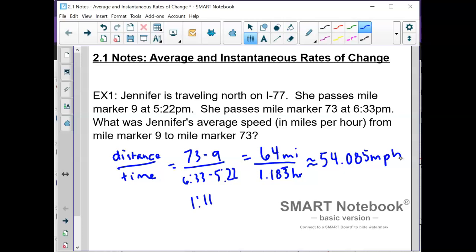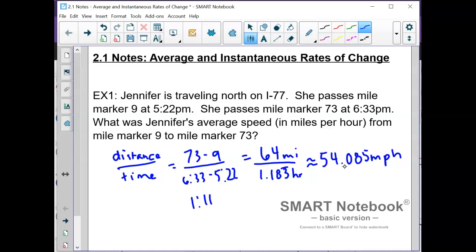Now, if you think of the situation, it makes sense. She is in Charlotte at 5:22 p.m. and many of us have probably been in Charlotte traffic around 5 o'clock, and you're probably going slow. So by the time she gets to 73, she's probably going a lot faster. But her average rate of speed is slowed down because she probably sat in some traffic near Charlotte at that time of day.